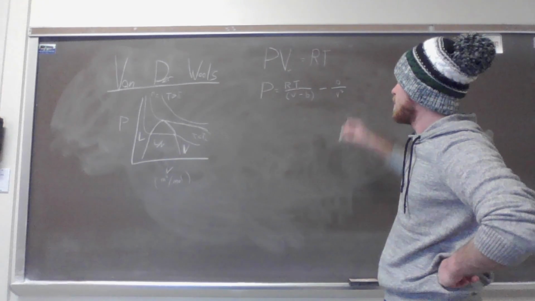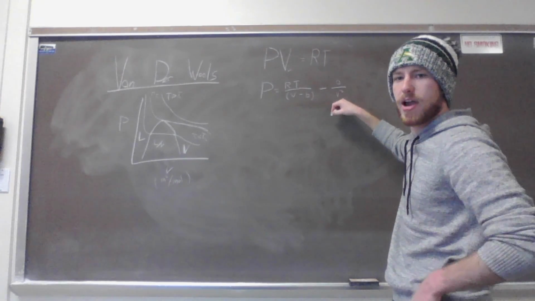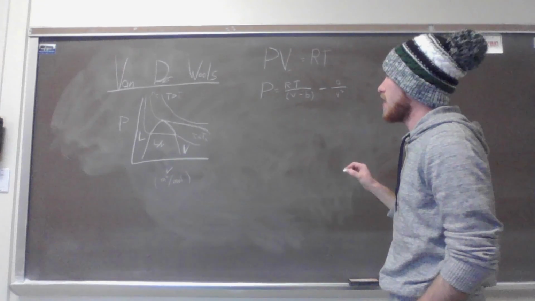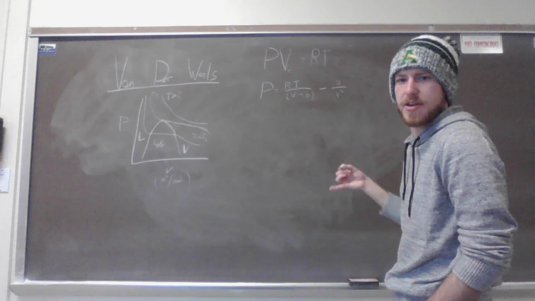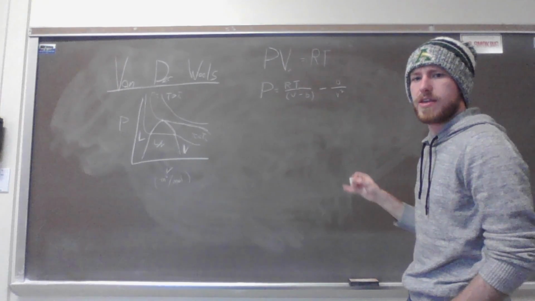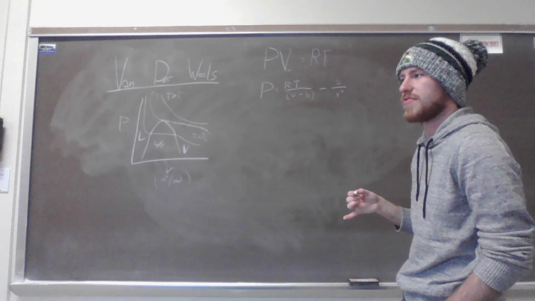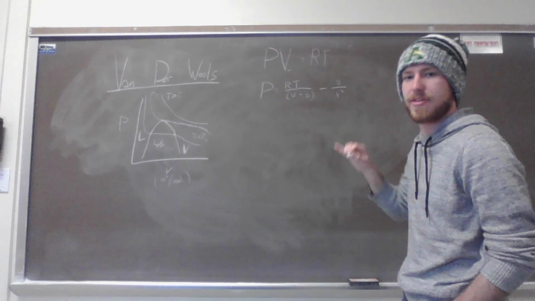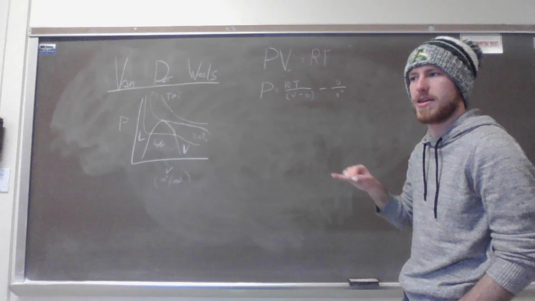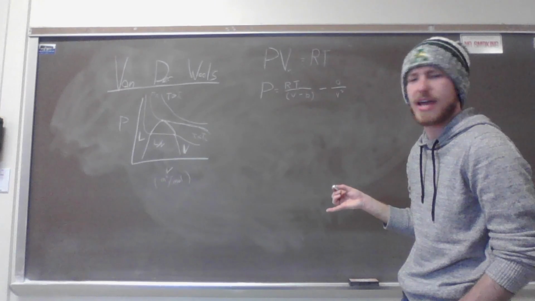Now the question, a is some constant which depends on the substance, and v squared, this is actually interesting, why is it v squared and not just v or v cubed? Well, it's because the only molecules that will be experiencing a net attractive factor are molecules near the outside of the container. Molecules near the inside will be attracted to all the particles surrounding them in all directions, and so it will roughly cancel out.